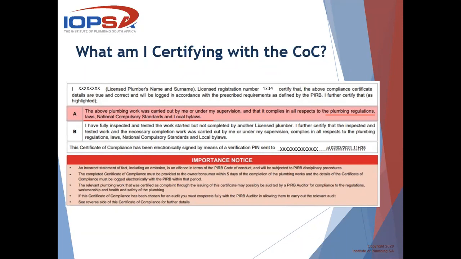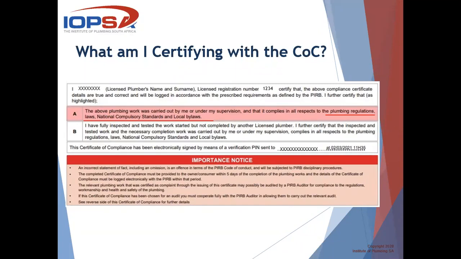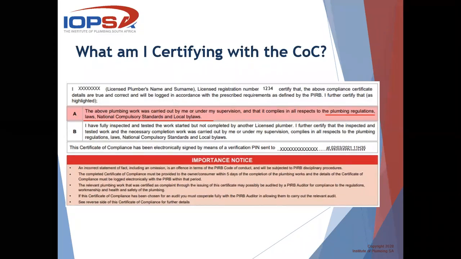And guys, what is important here is to understand that the audit is not there to give you a hiding. It's in actual fact there to educate you and to help you to ensure that you do a good installation, a safe installation, because in the end, the SANS codes are there to protect the consumer.